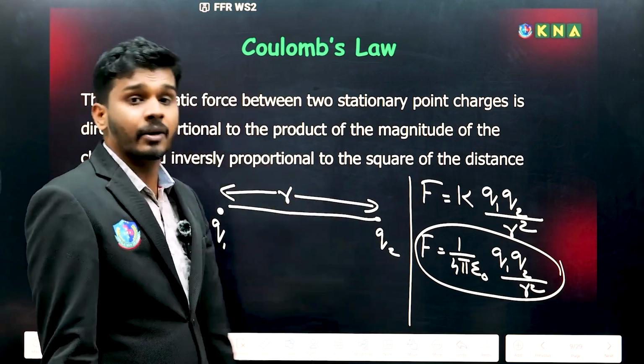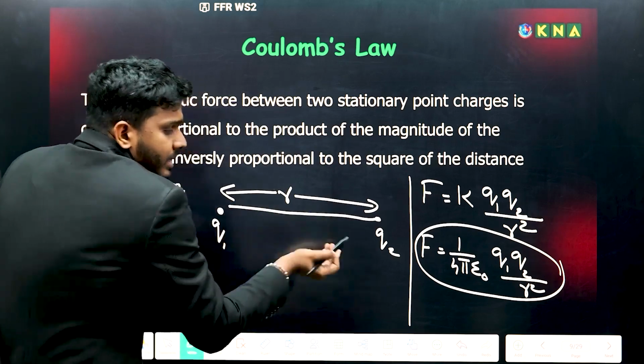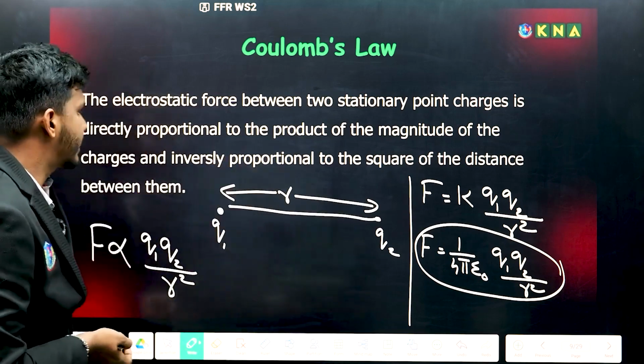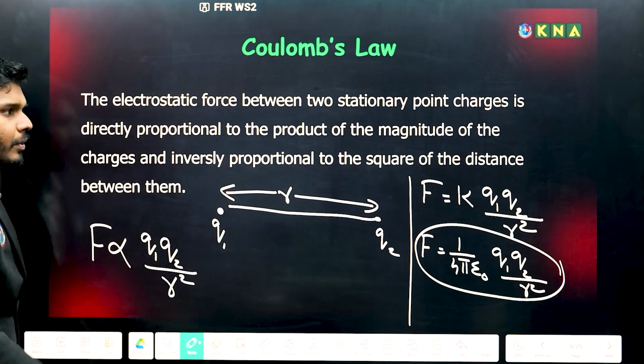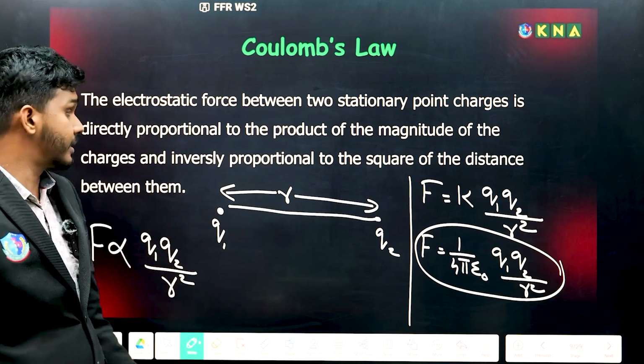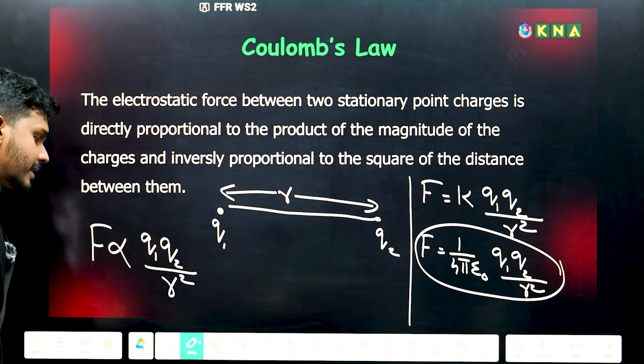What is Coulomb's law? The electrostatic force between two stationary point charges is directly proportional to the product of the magnitudes of the charges and inversely proportional to the square of the distance between them.